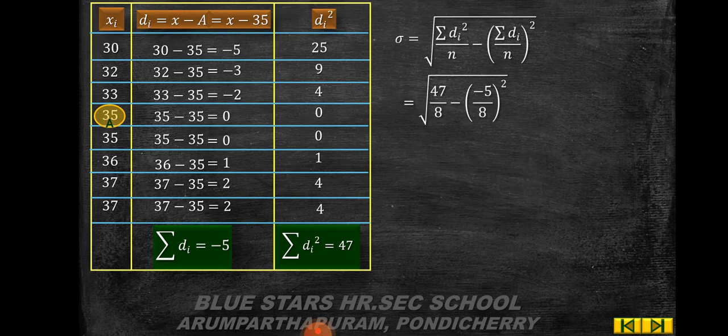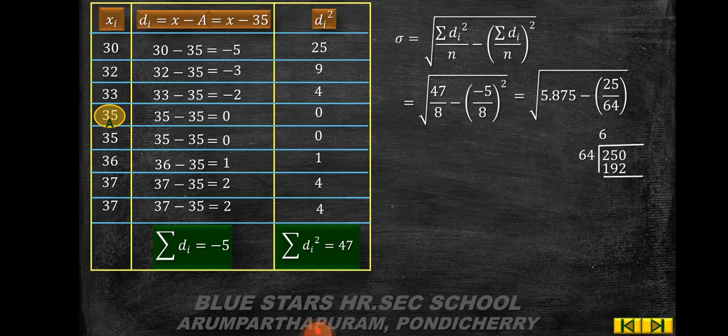is equal to root of 47 by 8 minus 5 by 8 the whole square, which is equal to root of 5.875 minus 25 by 64, which is equal to, you just do the division, 64 to 50, so 6 times 192, 58.